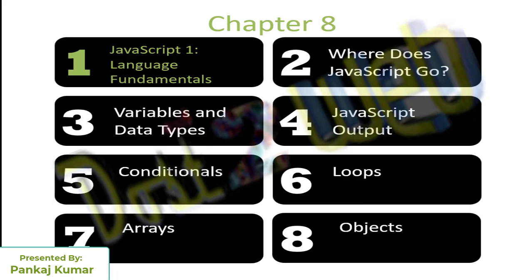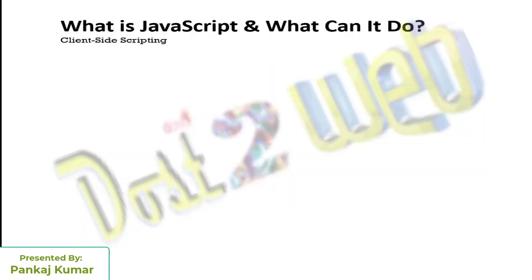Okay, the first one: what is JavaScript and what can it do? As I mentioned, you are going to do validation. Where will validation happen? Validation will always happen at the client side. This is also called client-side scripting.